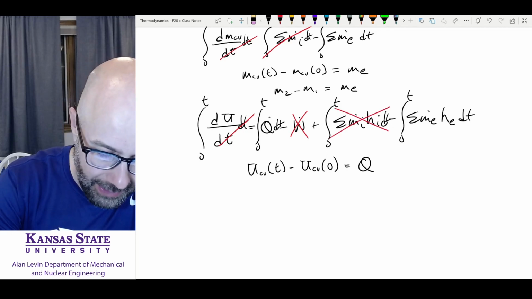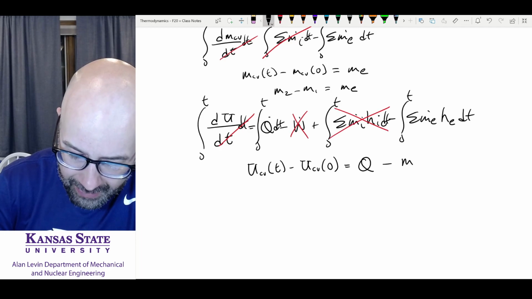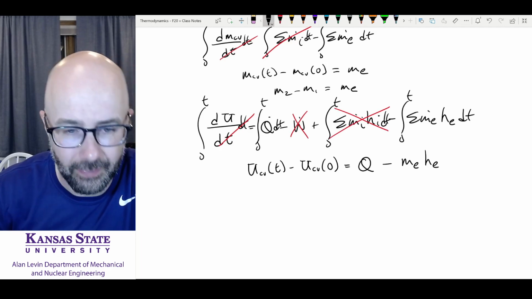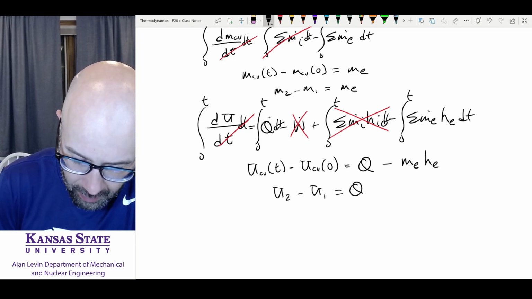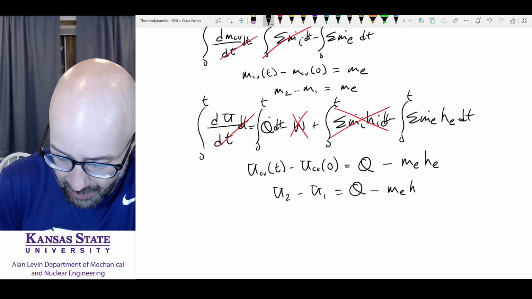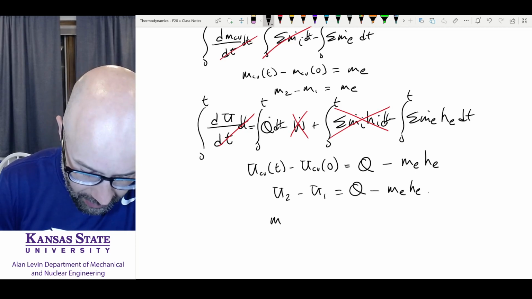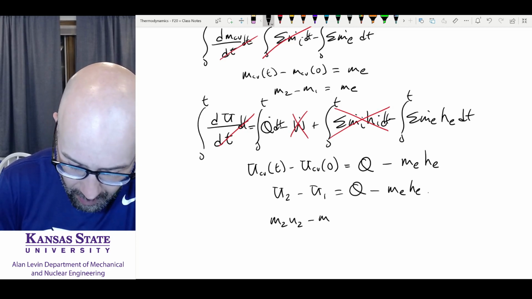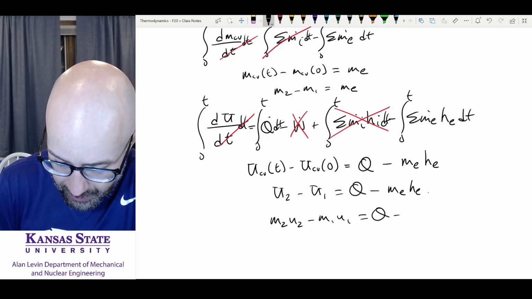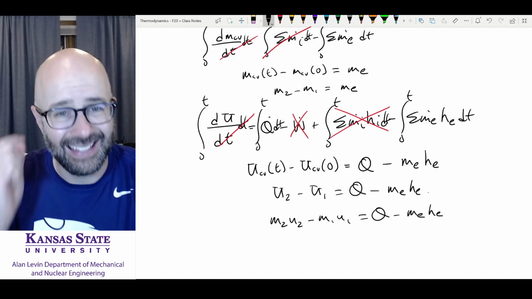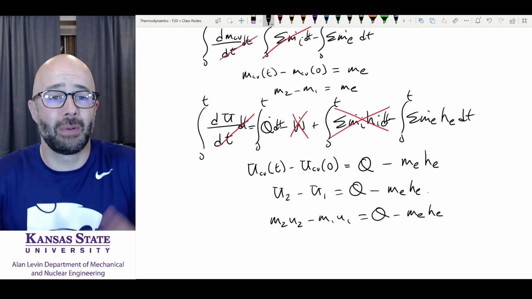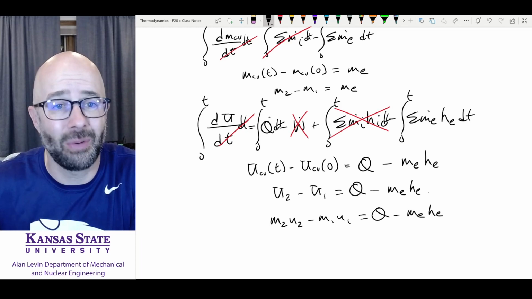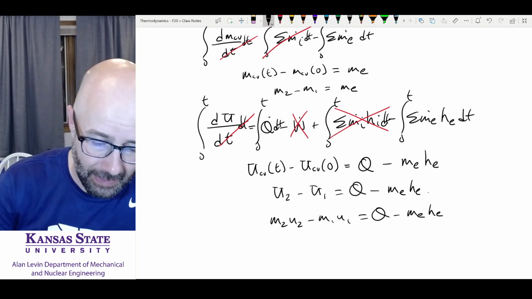So there's going to be minus the mass exiting times the enthalpy exiting. Okay, so I like to write this as U2 minus U1 is equal to Q minus mass exiting times enthalpy exiting, or m2 u2 minus m1 u1 is equal to Q minus mass exiting times enthalpy exiting. Now we're putting it in terms of specific internal energy. And remember, because the mass is different in state 1 and state 2, we have to write this equation.